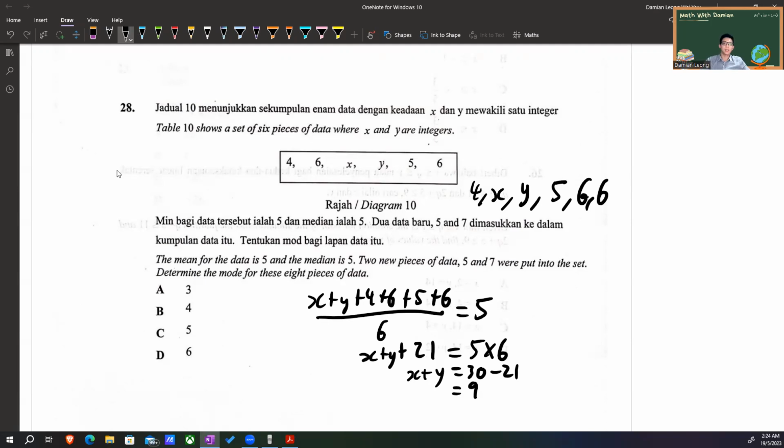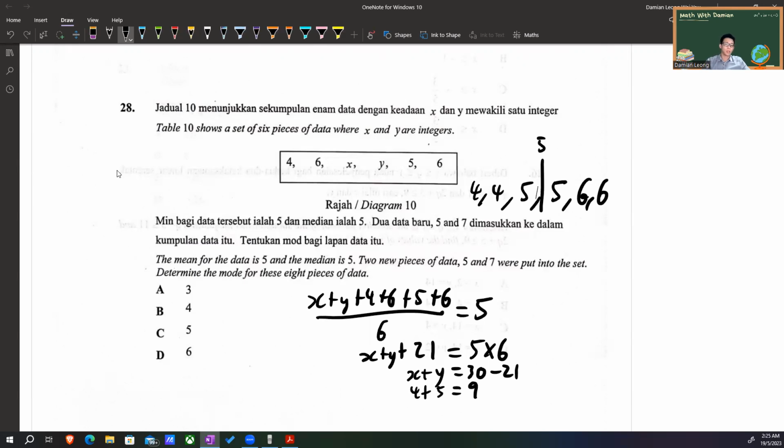Okay, basically the median is 5, so the middle point is 5, so y must be 5. I mean, it can be x, it can be y, doesn't really matter. So here must be 5, and then to get 9, if it's 5, it must be 4 plus 5.